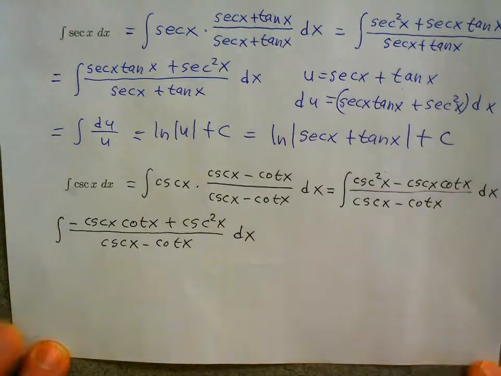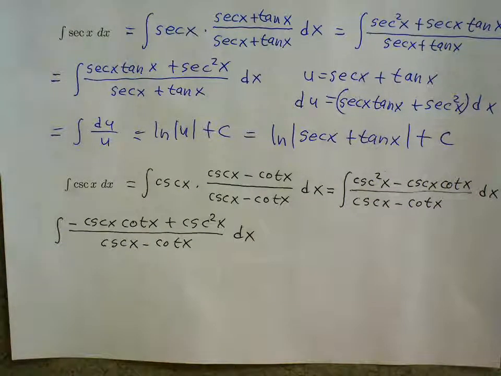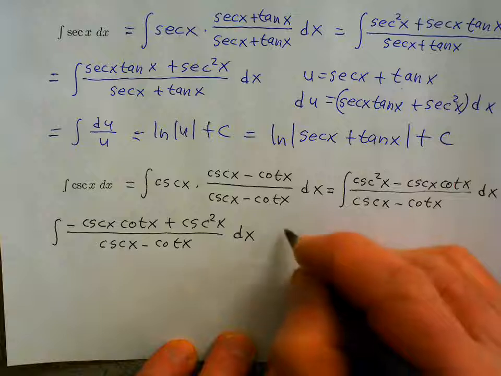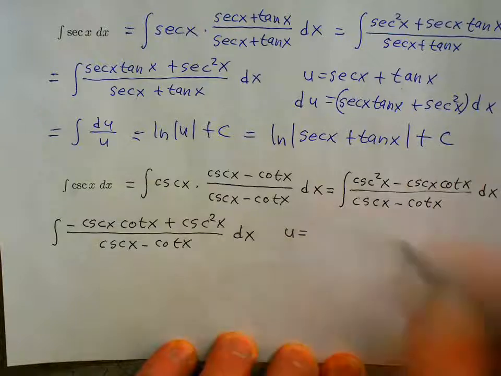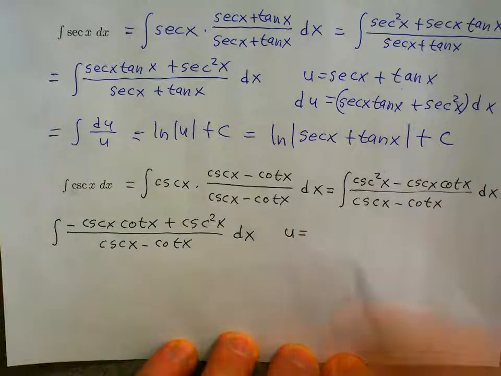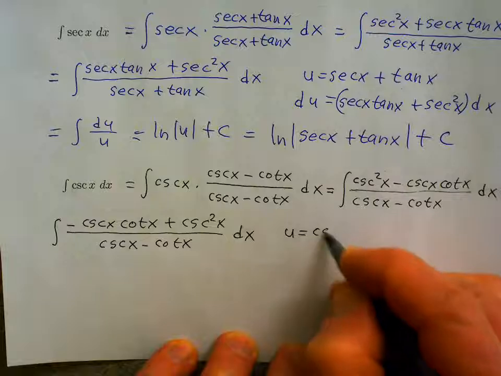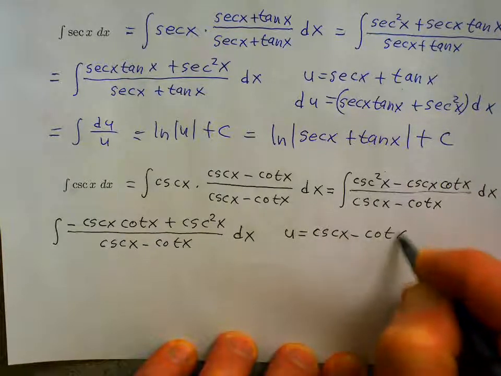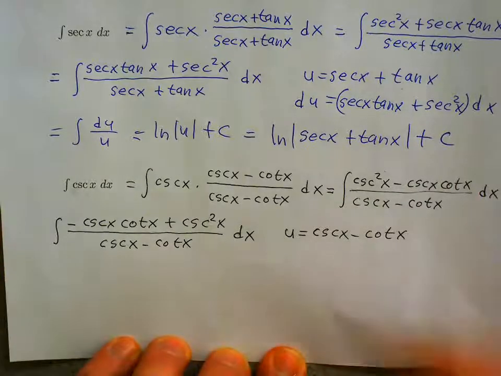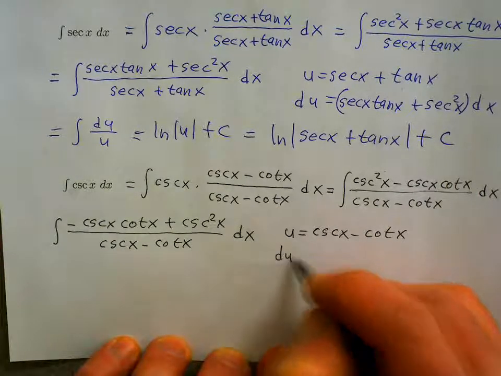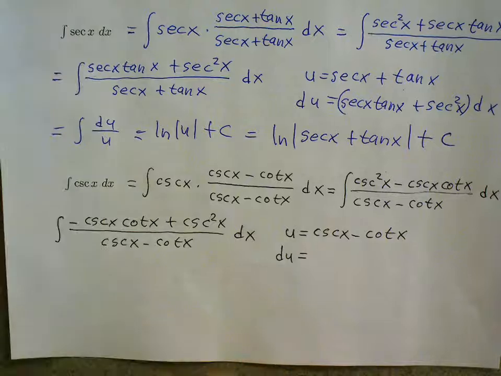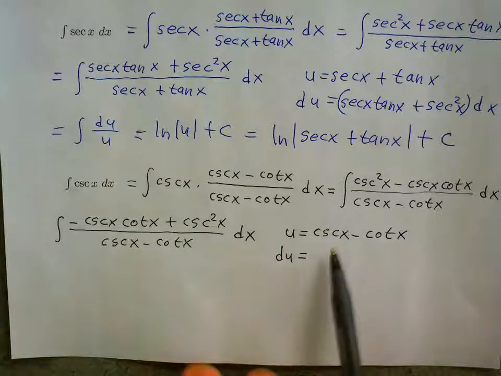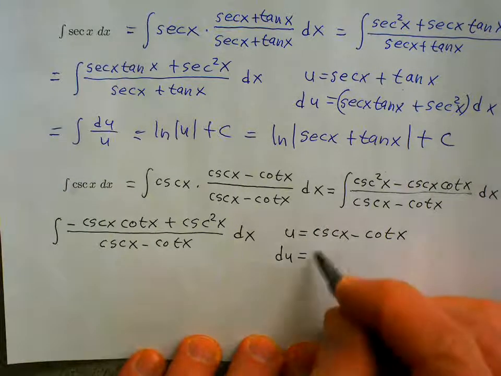And then we'll apply the substitution rule. Here we assign u to be what's in the denominator. U is cosecant of x minus cotangent of x. And then du, we just take the derivative of each of those terms.